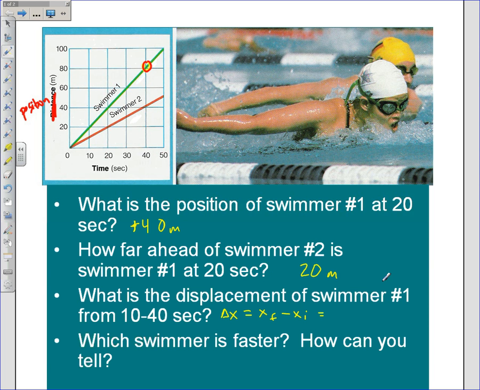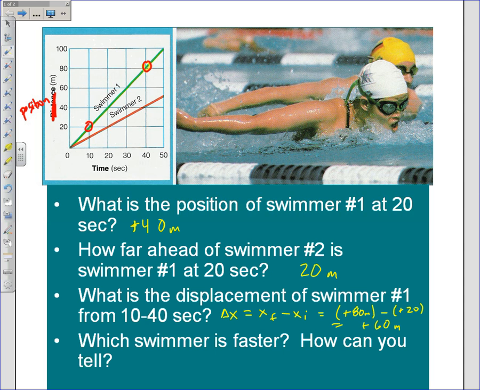The final position is going to be positive 80 meters minus the initial position. At 10 seconds, swimmer number 1 was right there, so the initial position would be positive 20 meters. We do the math and we end up with positive 60 meters.